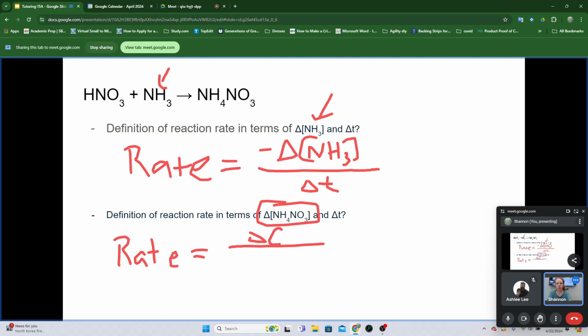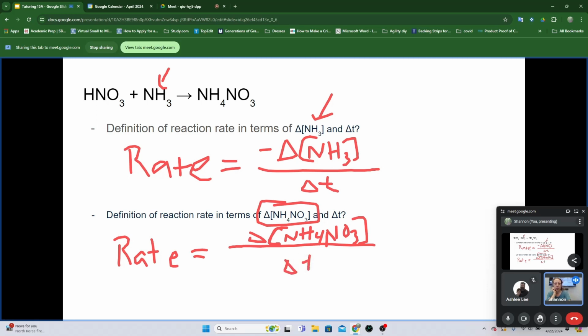So delta, oops, I put C here, but we're not going to put C though, and it's also changing the concentration of C. So we're going to put change in concentration of, and then I'm going to put this whole thing in, NH4NO3, because it's asking me in terms of, so that means it wants me to insert that thing into the equation.